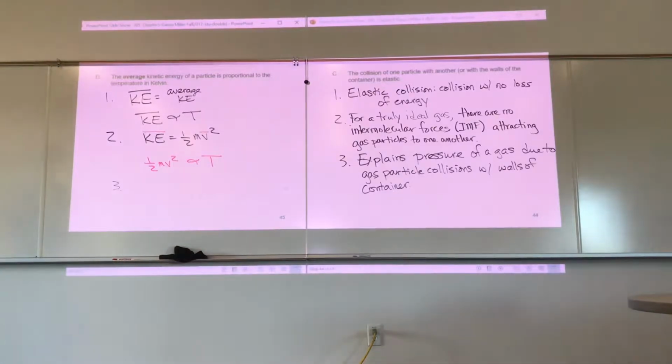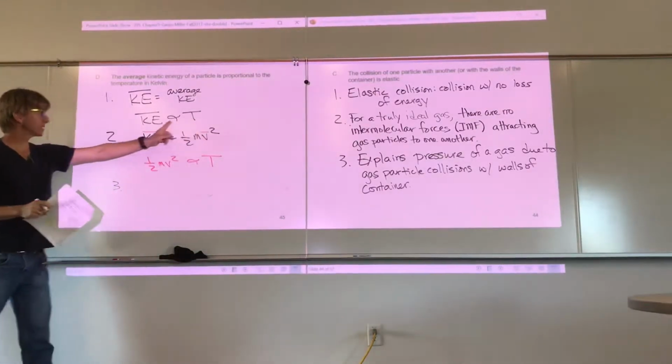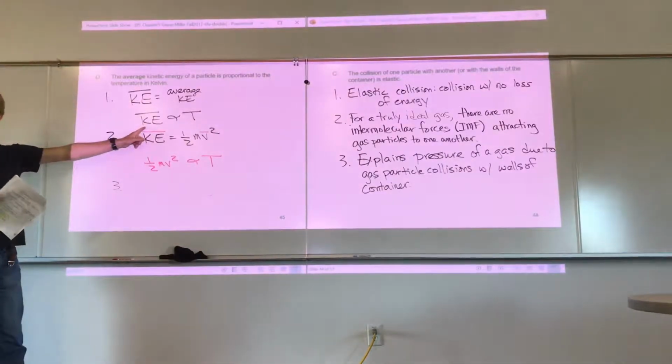And we'll take a couple statements about that. First off, as T increases, so does the average kinetic energy.